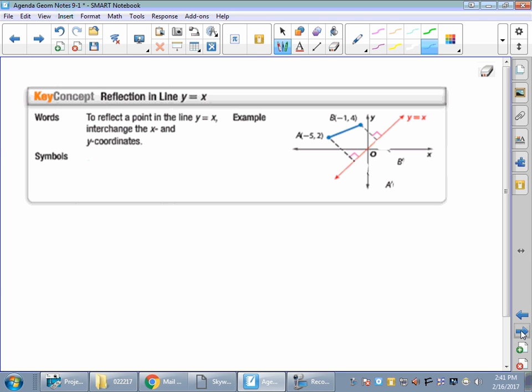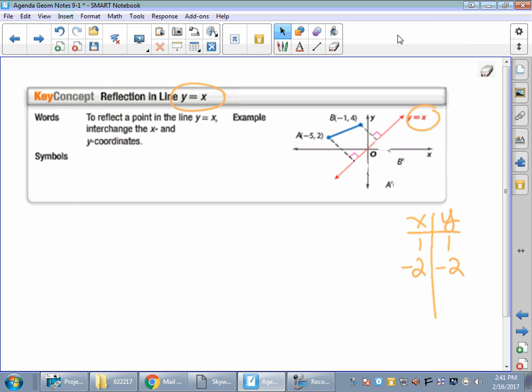So last but not least, we can also reflect over the line y equals x. If you think about the line y equals x, if x is 1, y is 1. If x is -2, y is -2. So it is this diagonal line that goes through the origin with a slope of 1. So to reflect a point in the line y equals x, interchange the x and y coordinates.